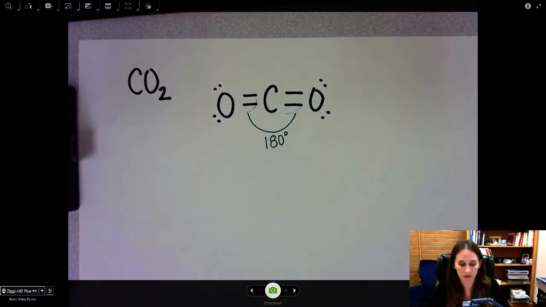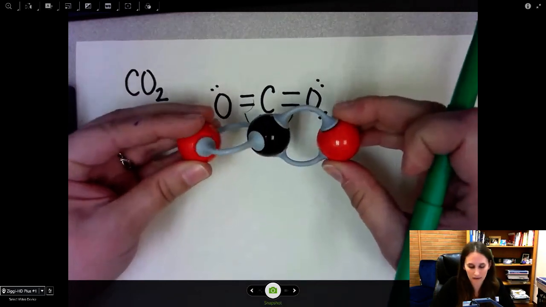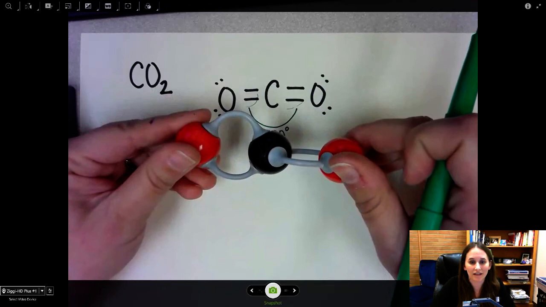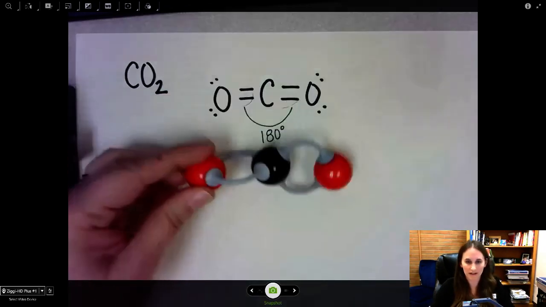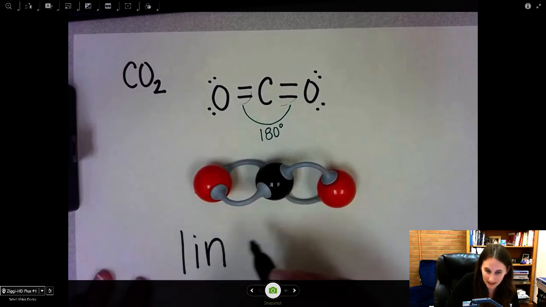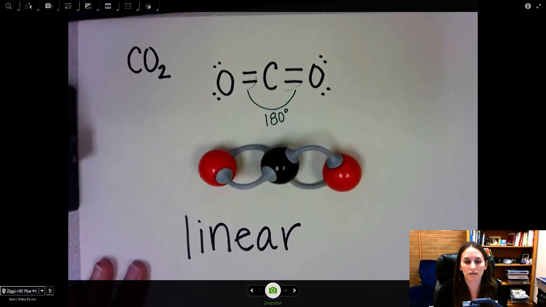So when we built this model in the lab, we see it's a straight line. And so we name this, again, I like the creativity. I like it when they make sense. It's easier for my brain. A linear molecule.